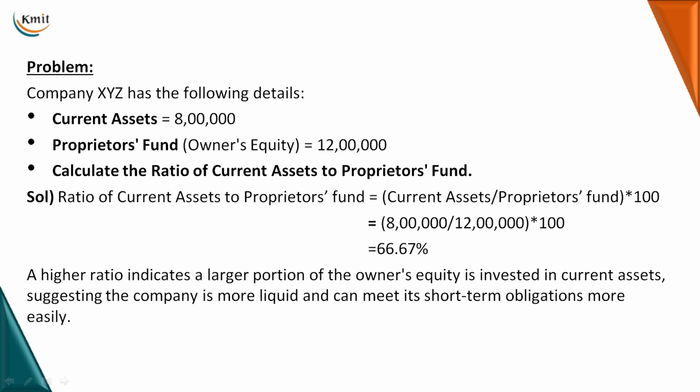We'll solve a small problem here relating to the above concept. Company XYZ has the following details: current assets is this one, proprietors fund is this. Calculate the ratio of current assets to proprietors funds. Substituting the relevant figures, the resulting value is 66.67%.